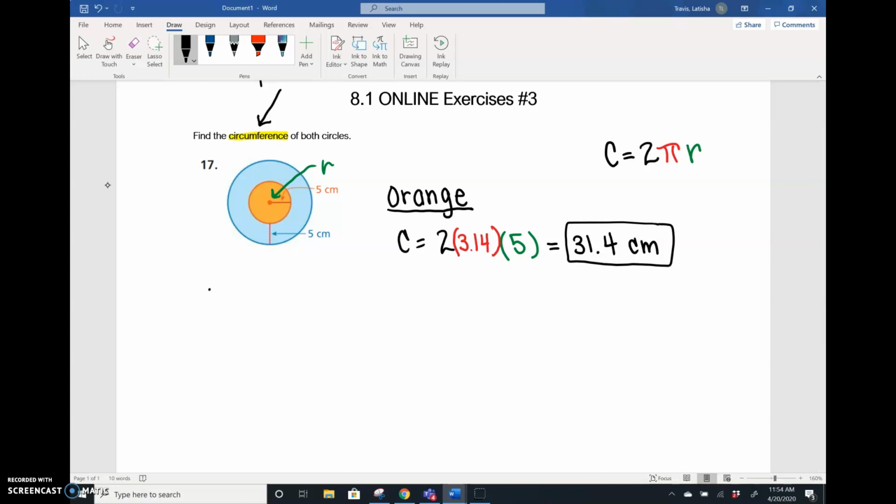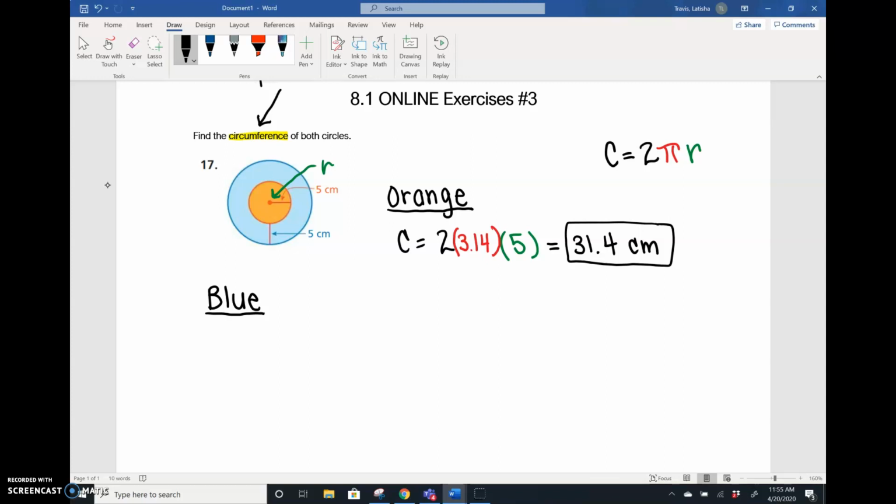I'm going to go ahead and write blue just below so we're all clear on which circle we're finding the circumference for. We do not have the diameter, but if you look really closely at this figure, we do have the radius of that larger circle.